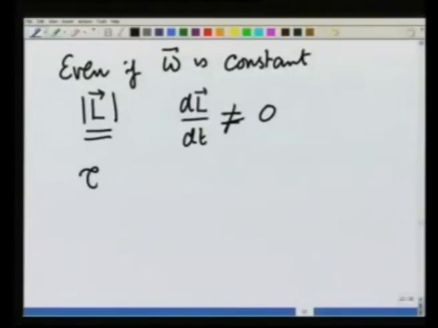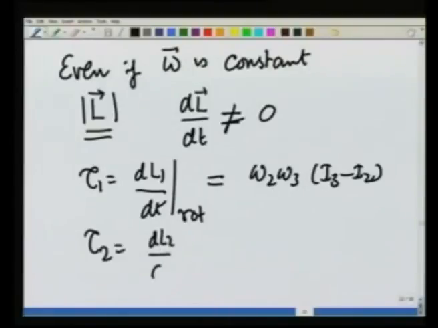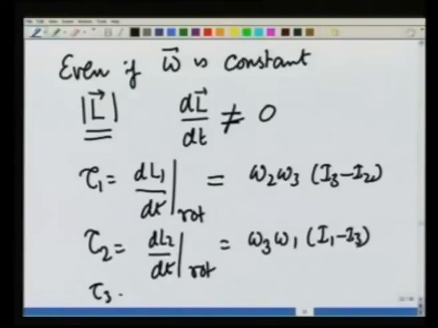We could calculate the torque either by using the general equation, which was tau 1, which is dL1 by dt, purely due to the effect of rotation, equal to omega 2 omega 3 (I3 minus I2), tau 2, which was dL2 over dt, purely because of rotation, equal to omega 3 omega 1 (I1 minus I3), and tau 3, which was dL3 by dt purely because of rotation, equal to omega 1 omega 2 (I2 minus I1).